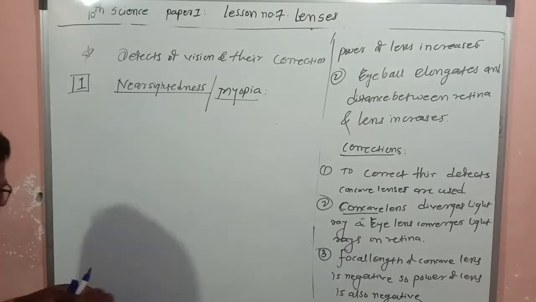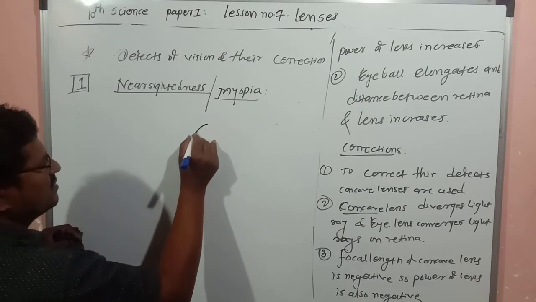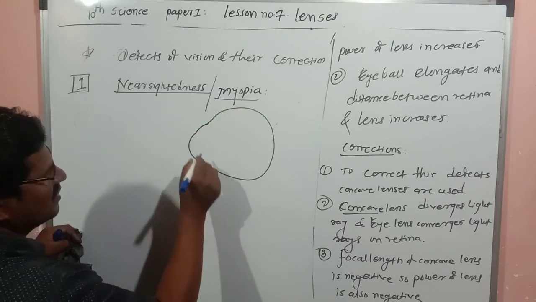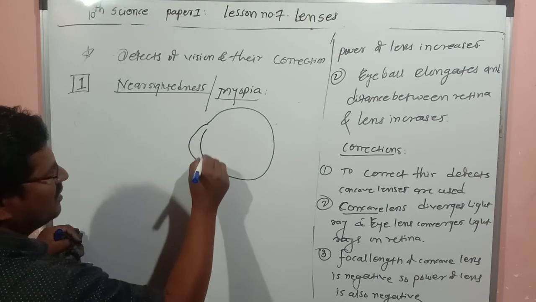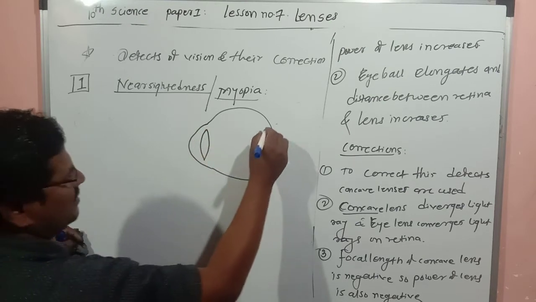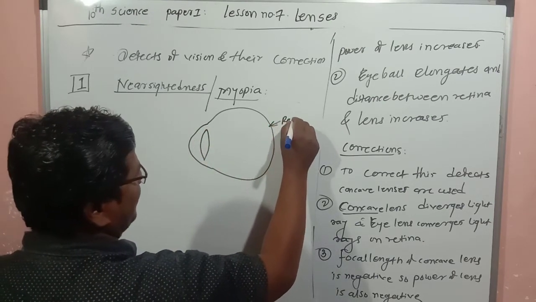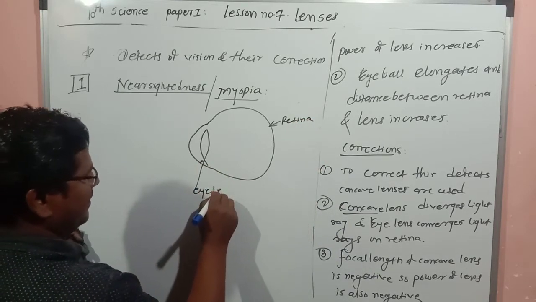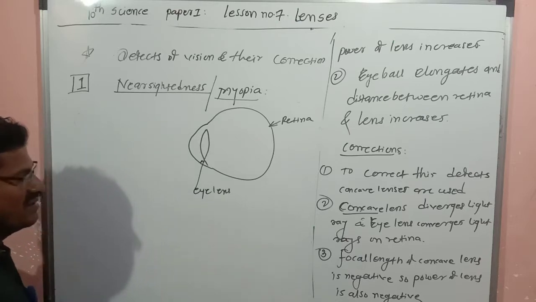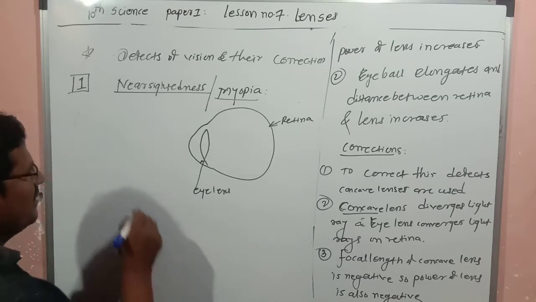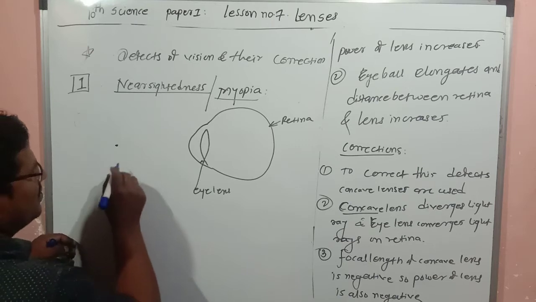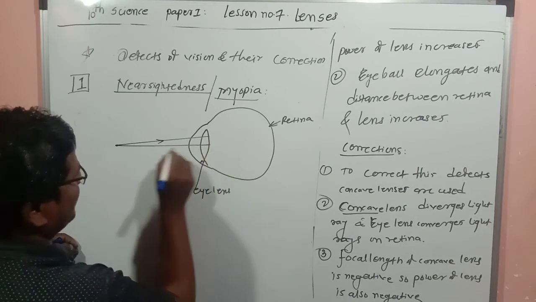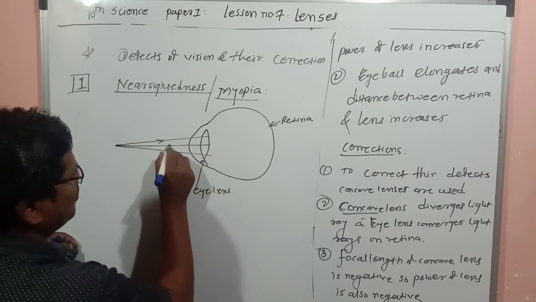So first thing is there, suppose we'll draw the structure of the eye like this way. Here will be cornea, here will be lens, eye lens will be there, and this one will be retina, and the eye lens is convex. Suppose the object is nearby, then no problem.